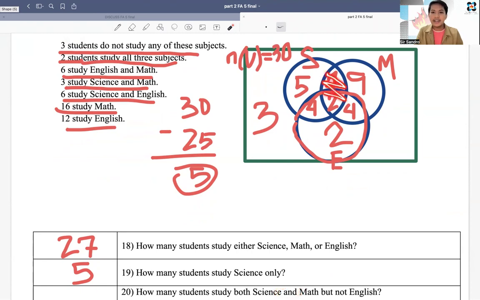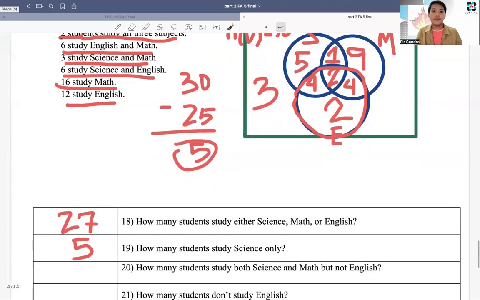However, there is an exclusion, but not English. So science and math only. We have to exclude this because this is part of English. So that is science and math only, or science and math but not English. That is 1. Can you follow? 1 is our answer here for number 20.